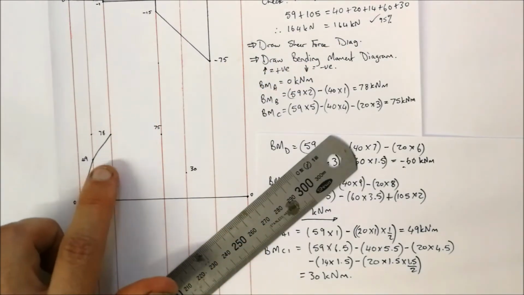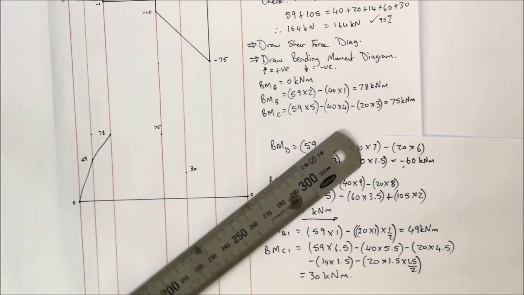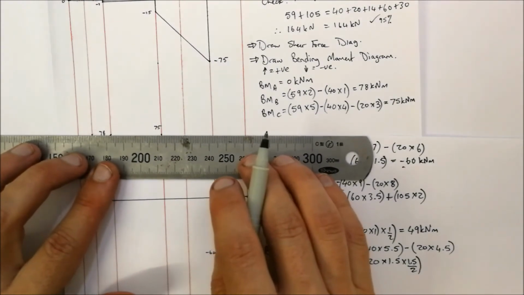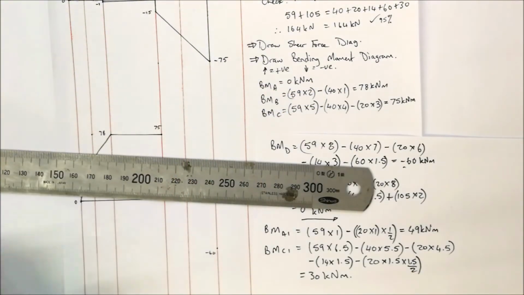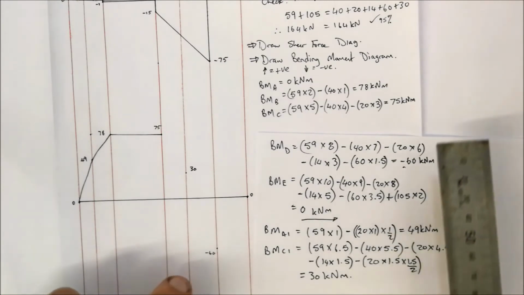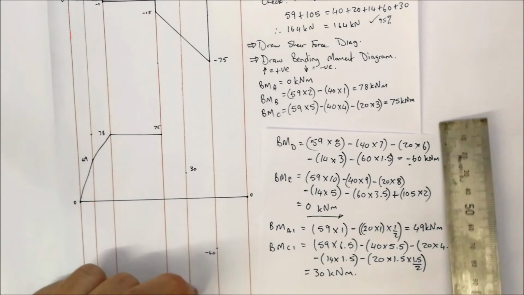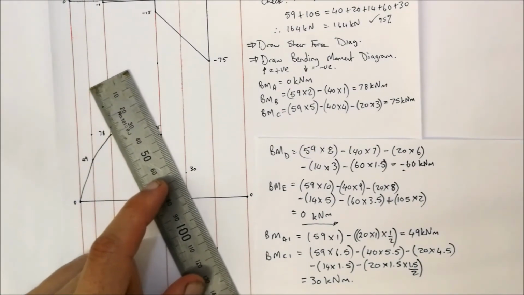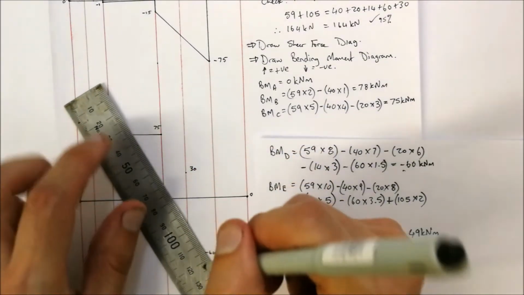Now between B and C, it's just normal loads, there's no distributed load, and that can be a straight line. Then we've got between C and D. Again, if you look at it with a ruler, you can see that that's not a straight line. If you have to go through this point C1, it's again going to be a curved line.